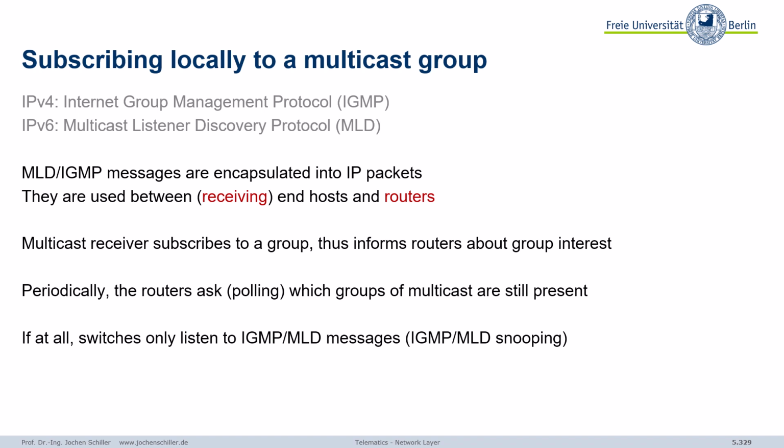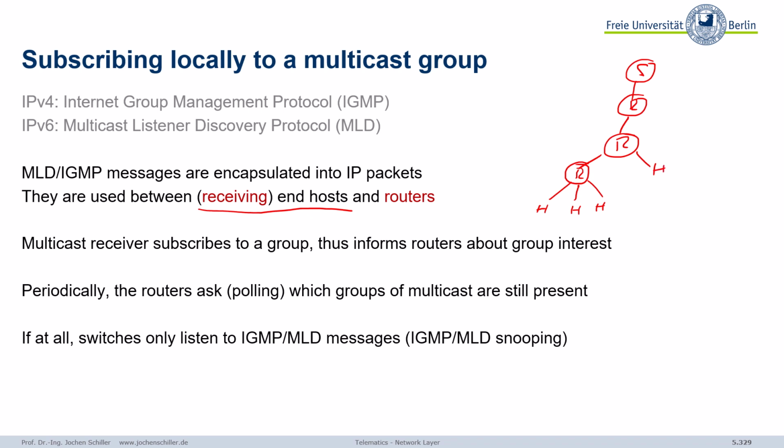Those are messages encapsulated into IP packets, and they are used between the hosts, the receivers of the multicast stream, and the routers. So we have a sender of a multicast stream. We typically have many routers connected here, and then the end hosts, and maybe there are several hosts connected to the router, maybe a switch in between.